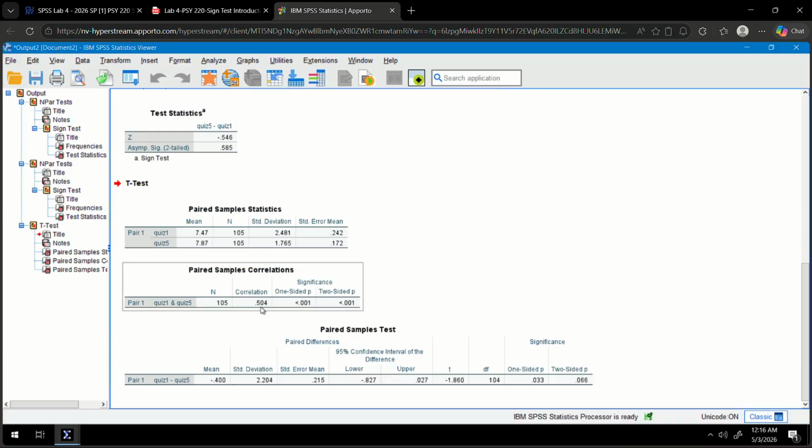We see that they're correlated, which they should be because it's the same person taking both quizzes. And when we go down here to check the t-value, we're looking at a one-tailed test, and the one-tailed test here is 0.033, and that is less than 0.05. So if we did this as a t-test, we'd be rejecting the null hypothesis.